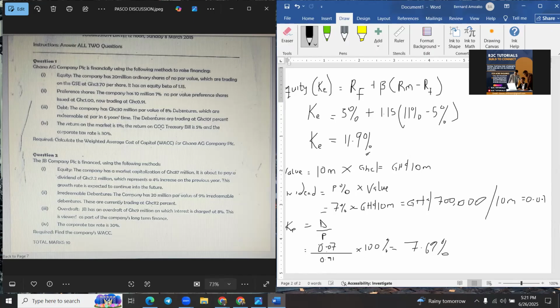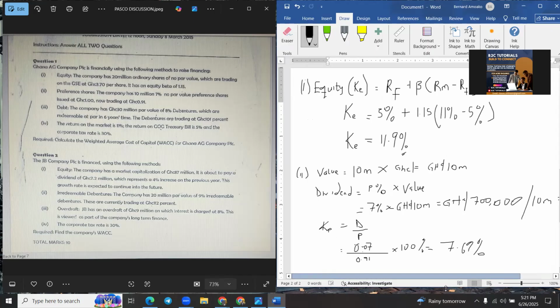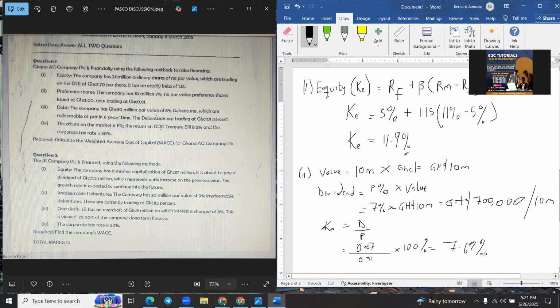So dividend per share helps us find the cost of capital per share. So 0.07 divided by 0.91 multiplied by 100%, which is 7.69, and that will be for the preference share.